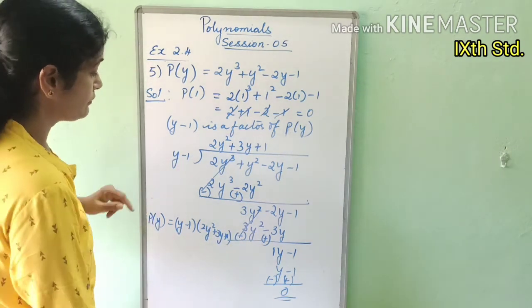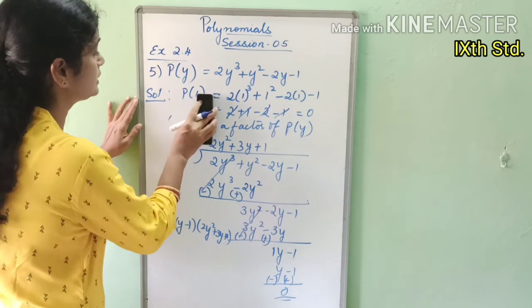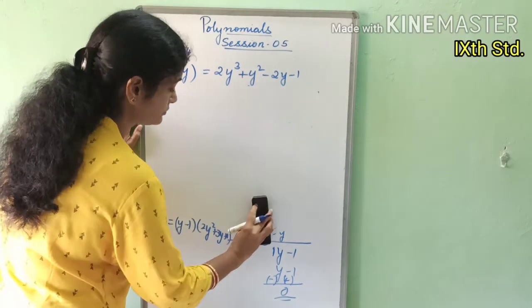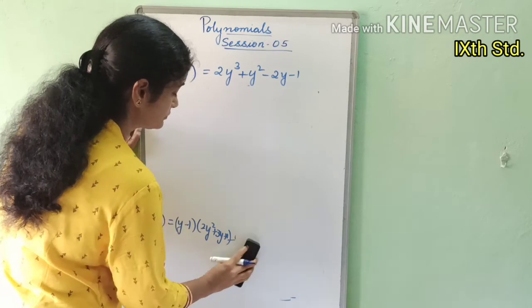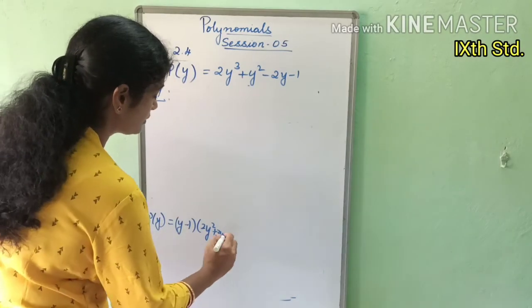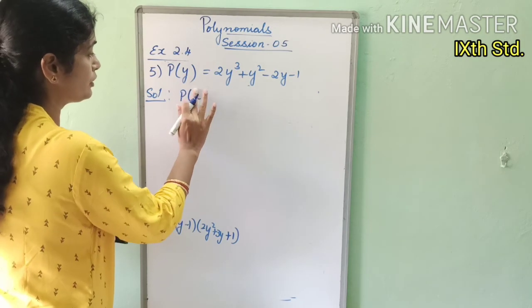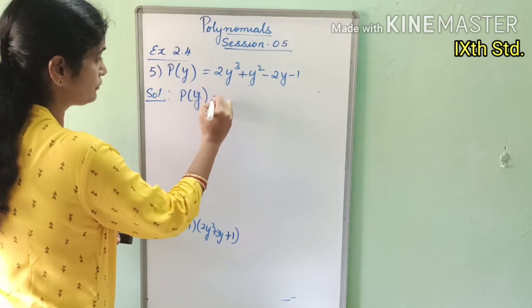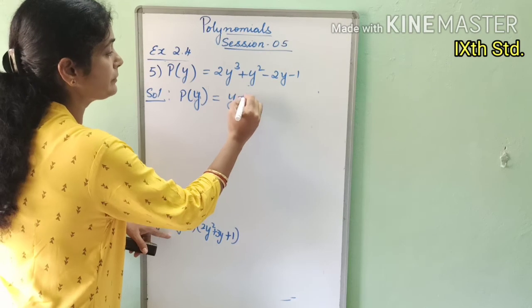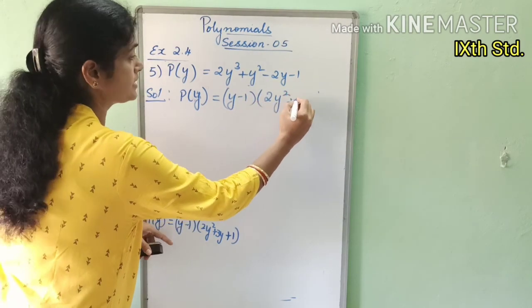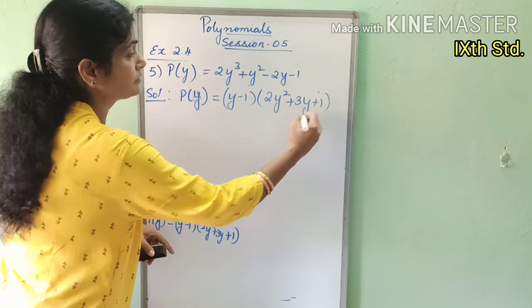Right? So we will factorize this 2y square plus 3y plus 1. So I will write it here. P of y is written as y minus 1 into 2y square plus 3y plus 1. Correct?